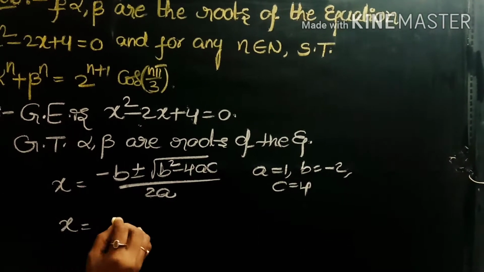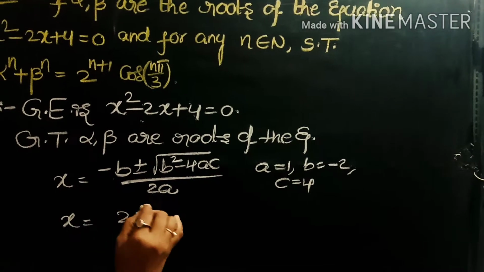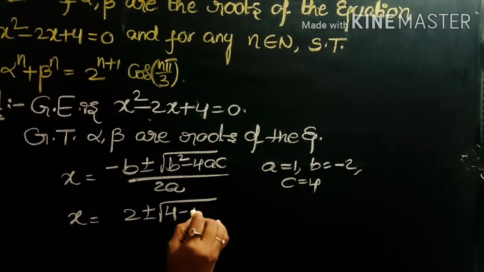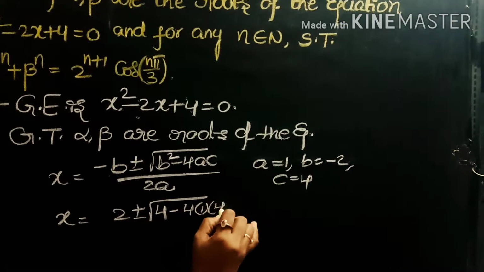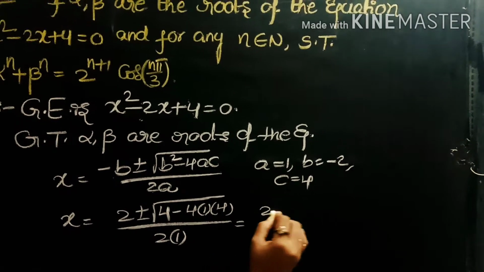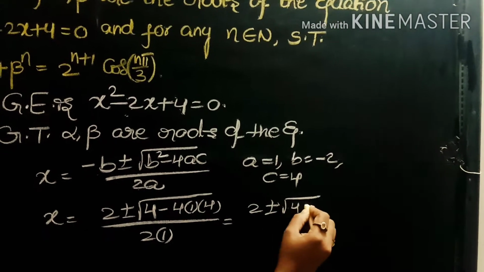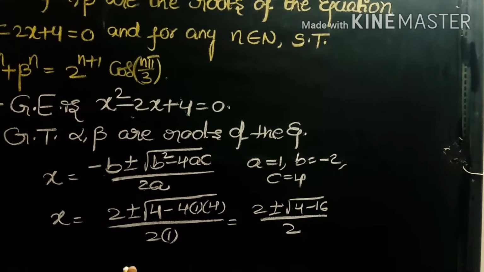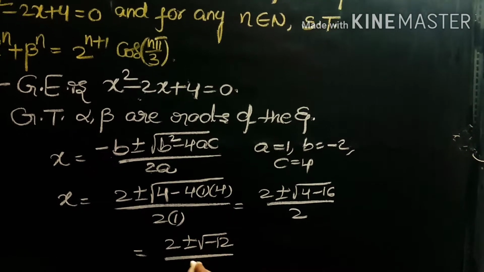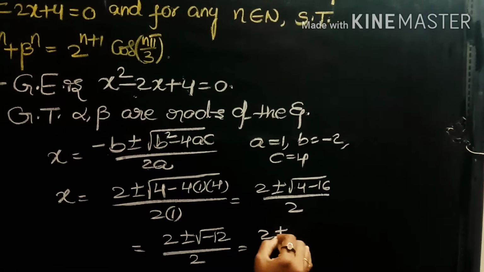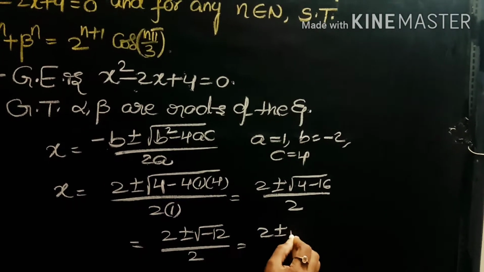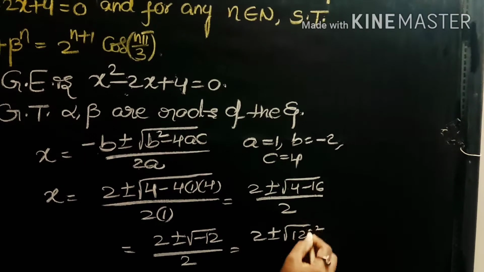Therefore x = (−b ± √(b² − 4ac)) / 2a, that is (2 ± √((−2)² − 4·1·4)) / (2·1), which equals (2 ± √(4 − 16)) / 2, which equals (2 ± √(−12)) / 2, and this is taken as √(12 i²) by 2.